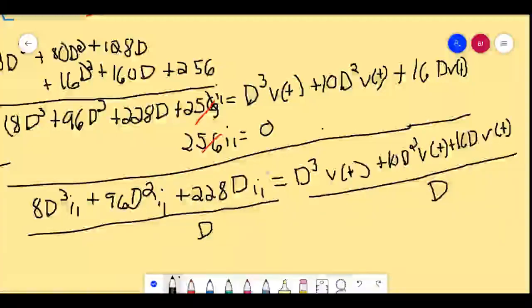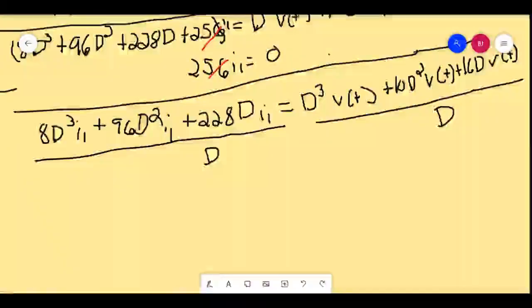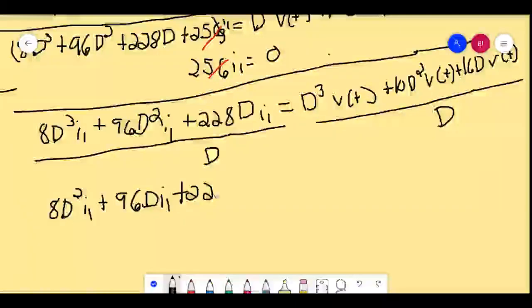So this would become 8d squared I1 plus 96d plus 228 I1 equal to d squared v of t.